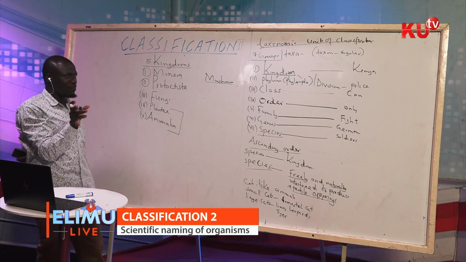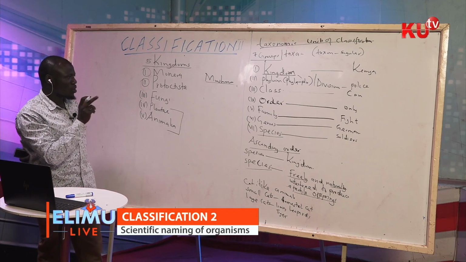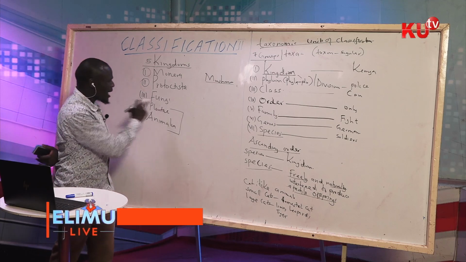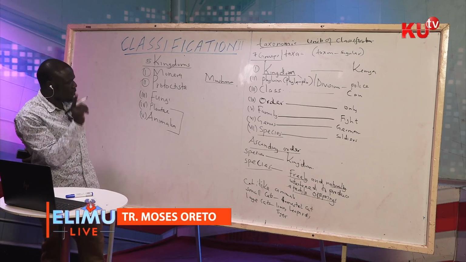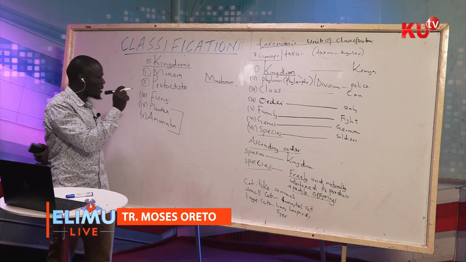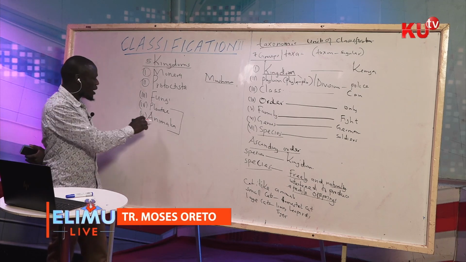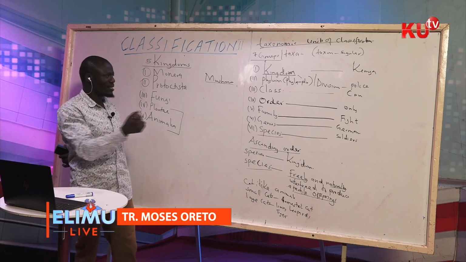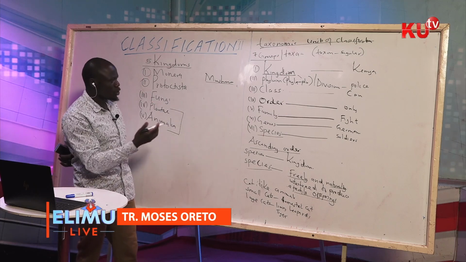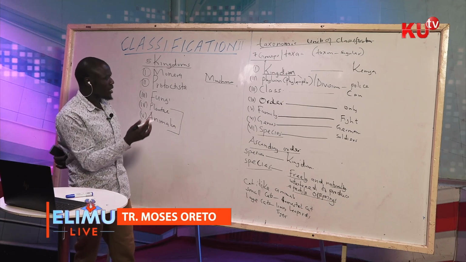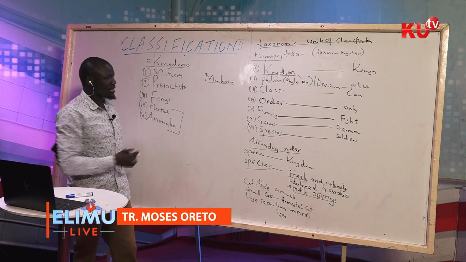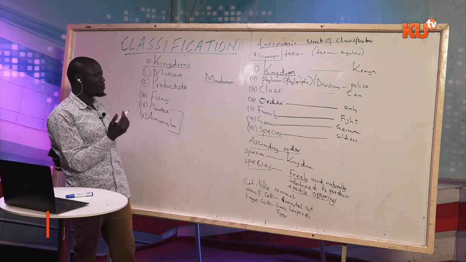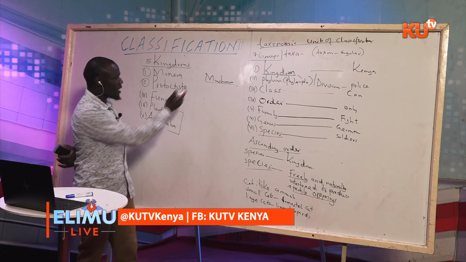At the same time, it had a feature that was also similar to that of an animal. So these people could not place it under either Kingdom Plantae or Kingdom Animalia. This is the forest mushroom that is growing. It is able to grow just like any plant. That tells us that maybe it could have been classified as a plant.